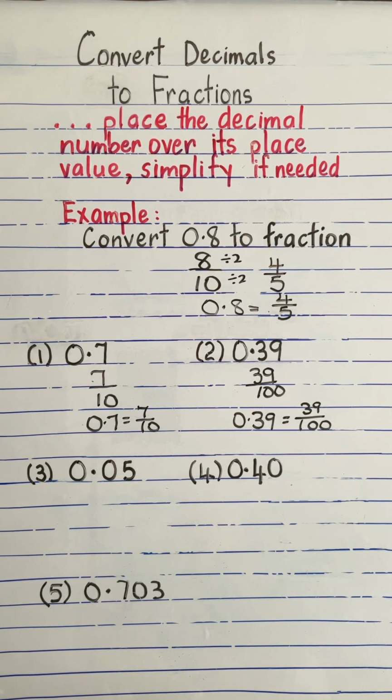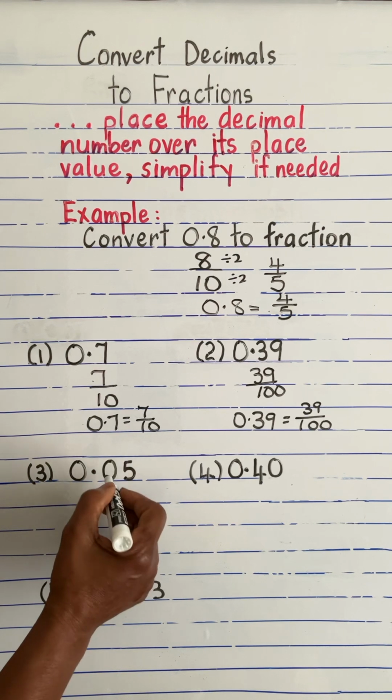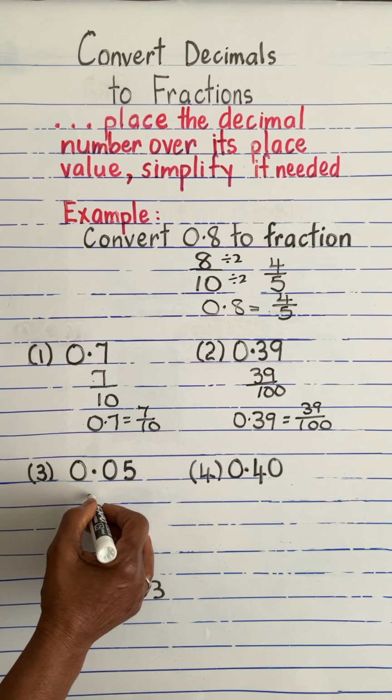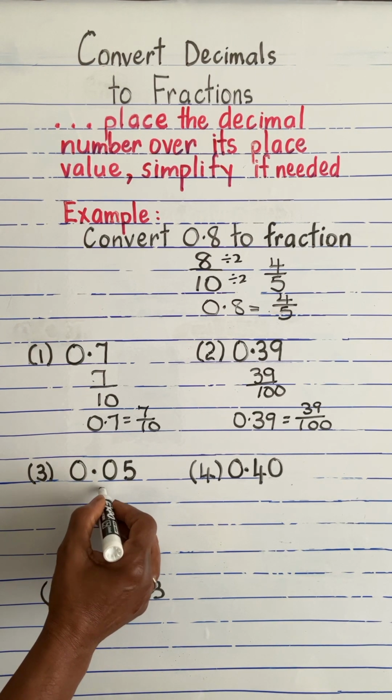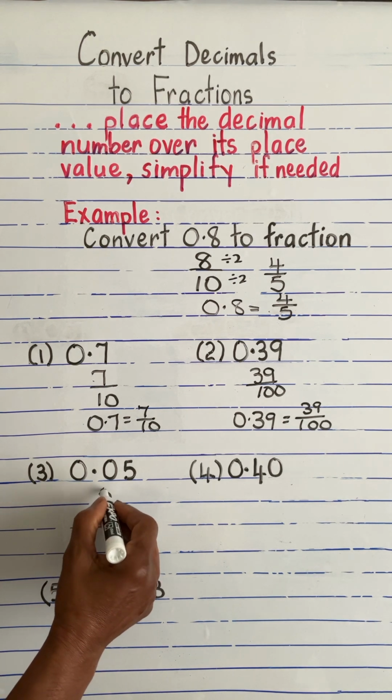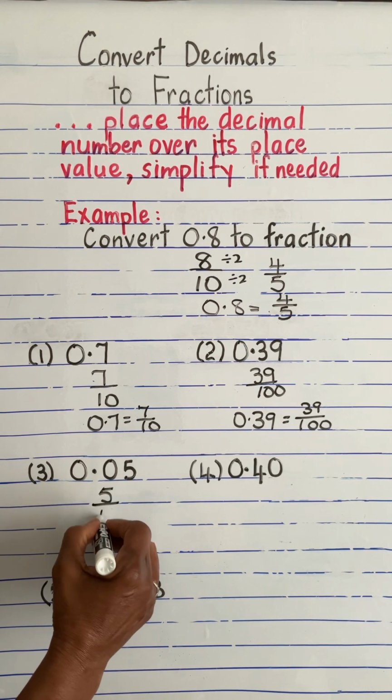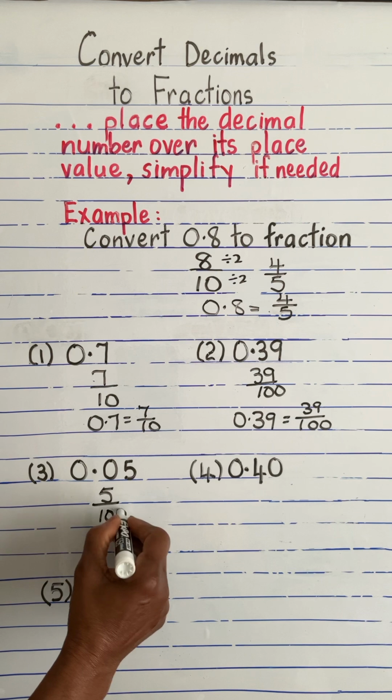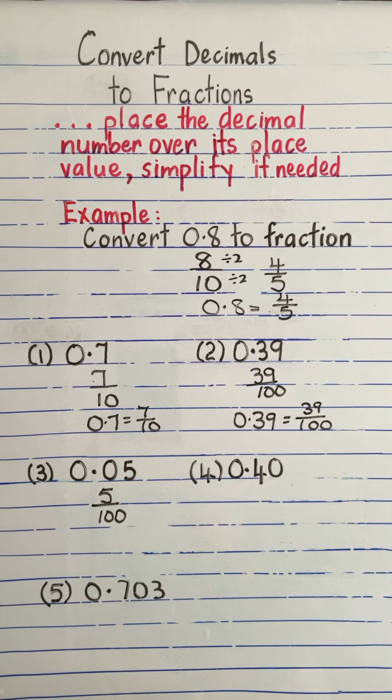Next, 0.05. That is equal to 5 over 100. And 5 over 100 can be simplified. The HCF of 5 and 100 is 5.